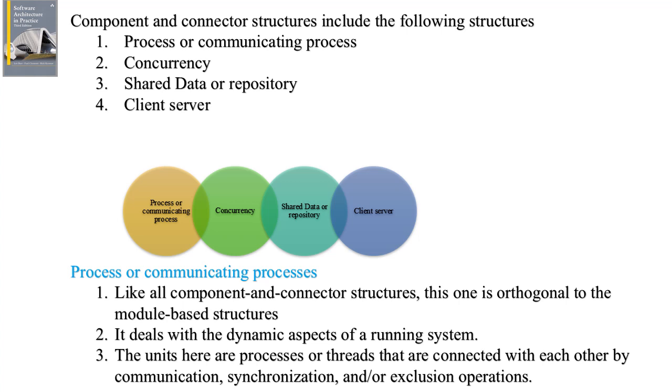The units here are processes and threads that are connected and communicate with each other through synchronization or exclusion operations. So sending or receiving information, synchronizing two processes, or other exclusion operations can be done through this process or communicating process structure.